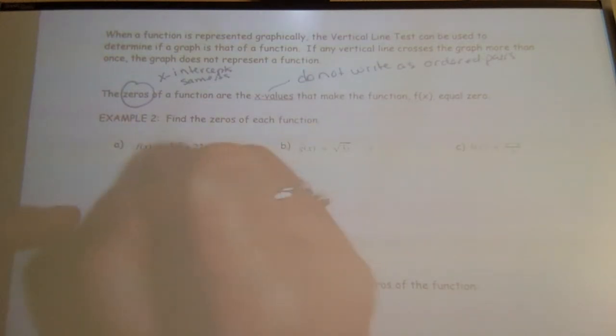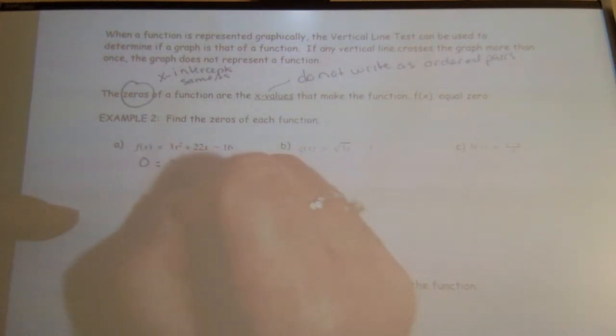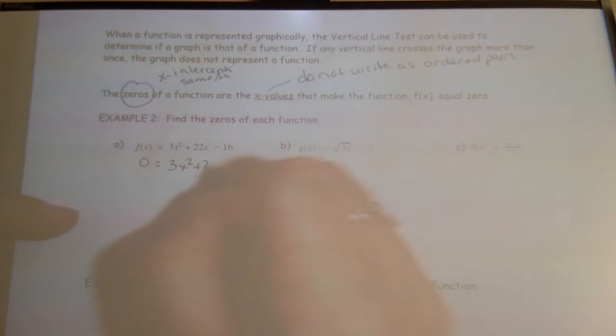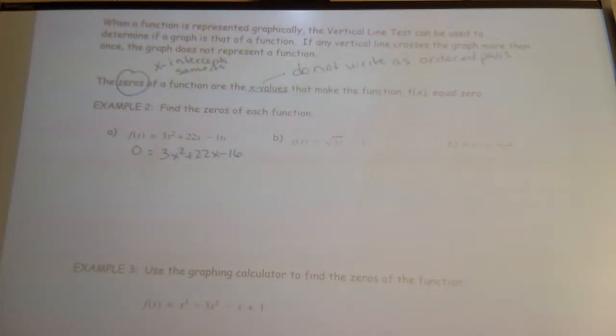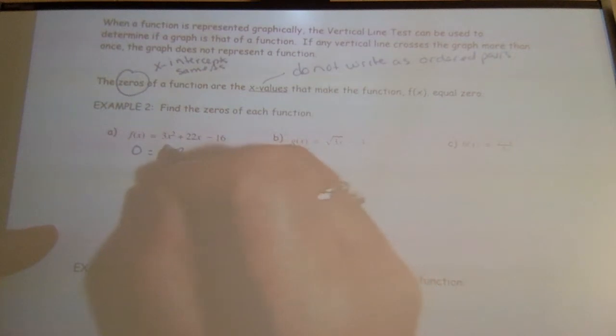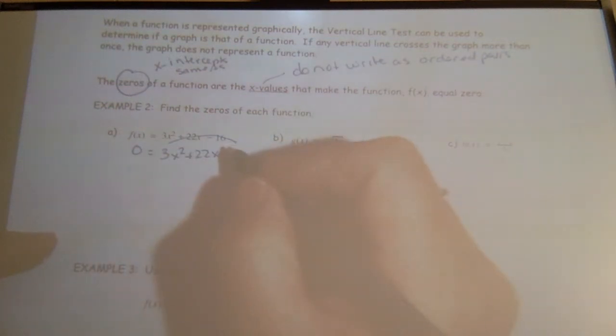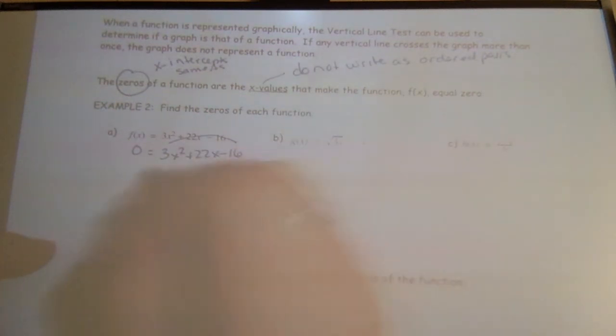Well, when will this function be 0? It's an x squared function, so what do I have to do to solve it? We need to try to factor it. So I'm going to use that bottoms up method, rainbow method, flip slide or something I came up with at a meeting I was at.